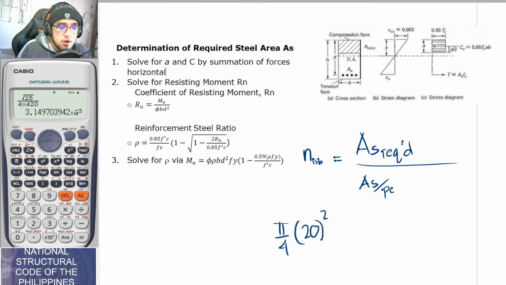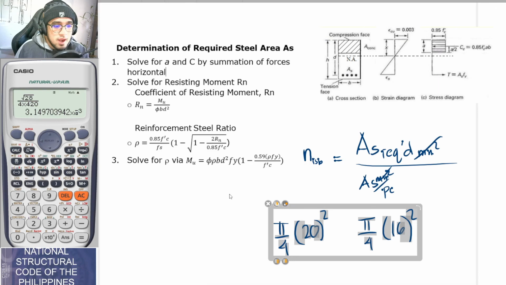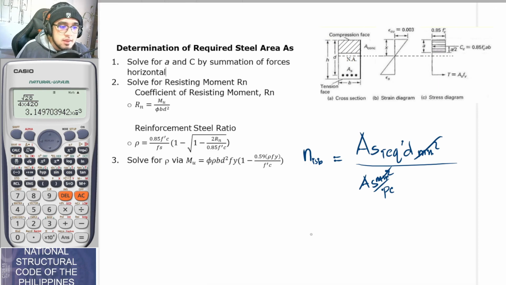For your 16 mm, that is pi over 4 times 16 squared, and so on. Basta yun yung gagamitin mo dito. This is per piece, in millimeter squared, so the millimeter squared would cancel out. Then your NRSB is equal to N pieces, kasi piece na lang yung natira dyan. So that is your number of rebars.